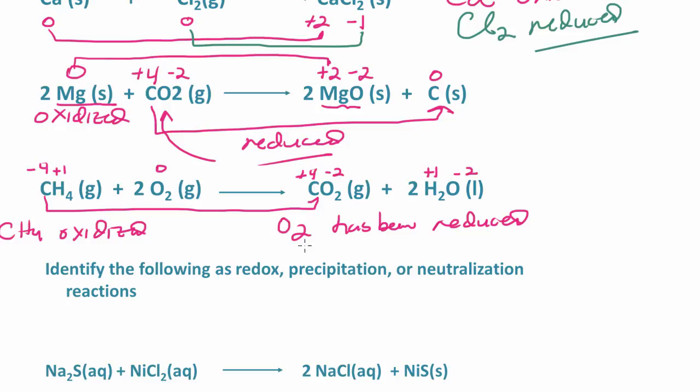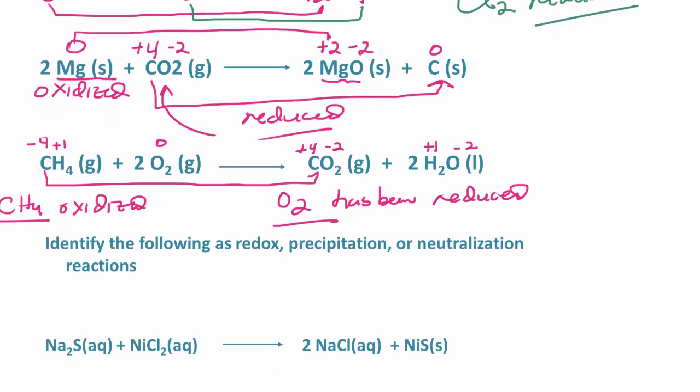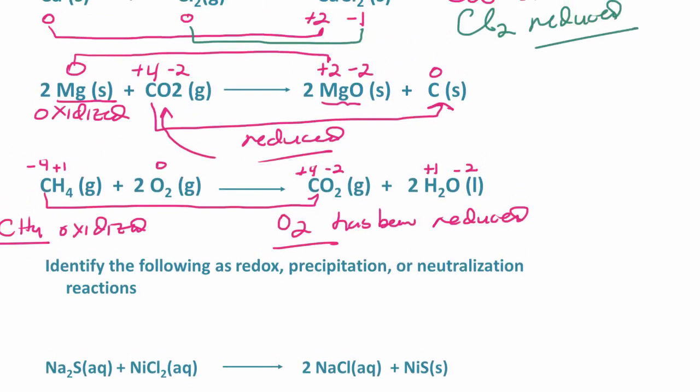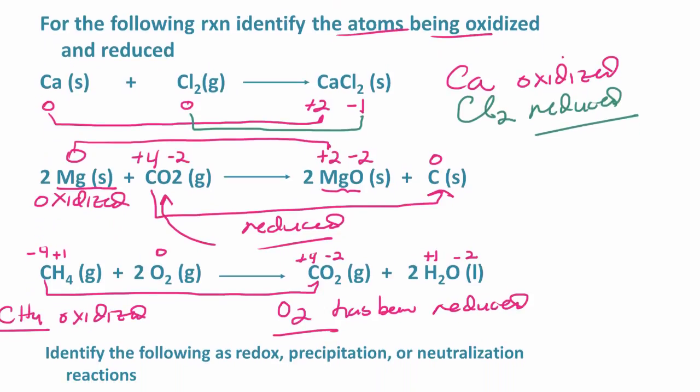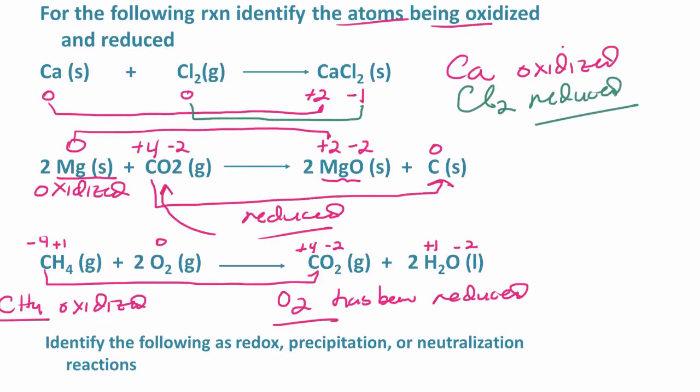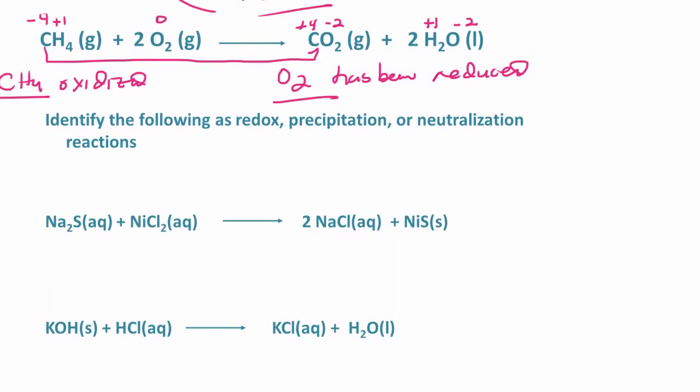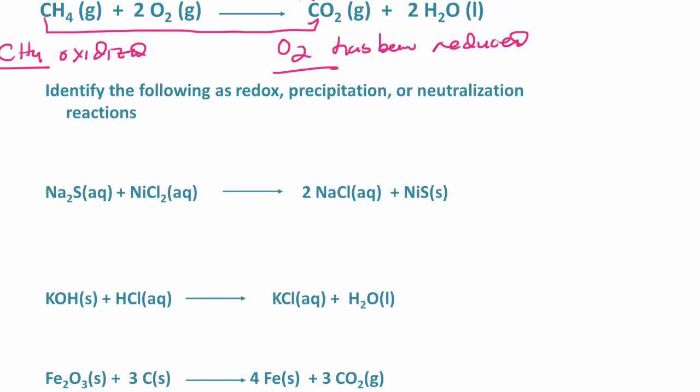So that means O2 acted as an oxidizing agent, methane acted as a reducing agent. So be able to look at a reaction, determine what's been reduced, what's been oxidized, which acts as the reducing agent, and which is the oxidizing agent.